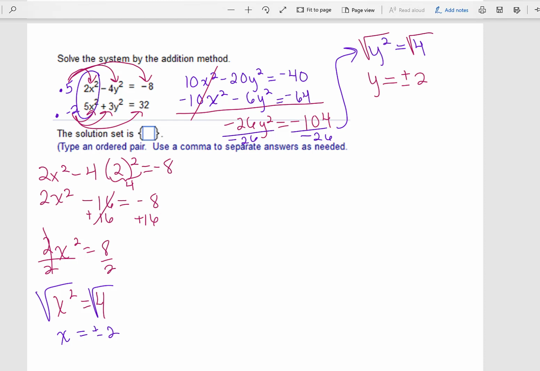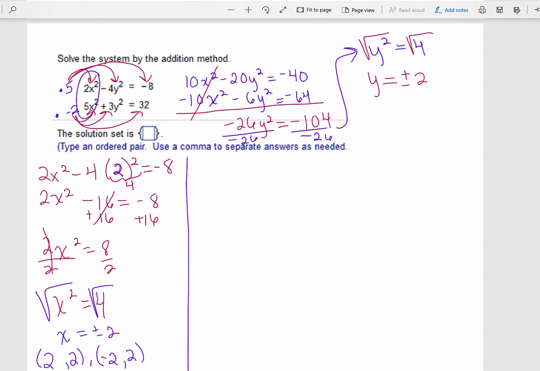So that means that when my y is positive 2, and be careful here because I keep wanting to put in for the x, but when my y is positive 2, I have positive 2 as my x, but I also have a point at negative 2, 2. Okay, so that's only for when we plugged in 2 for y.